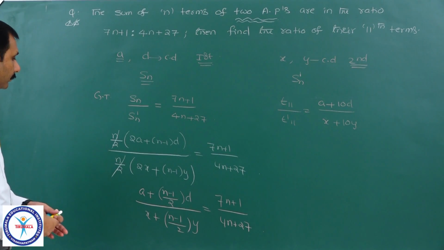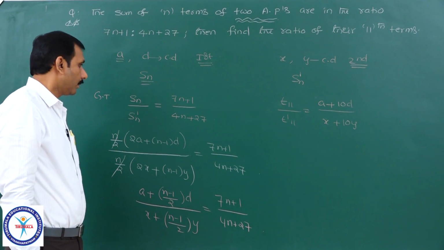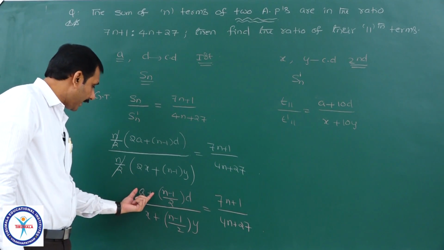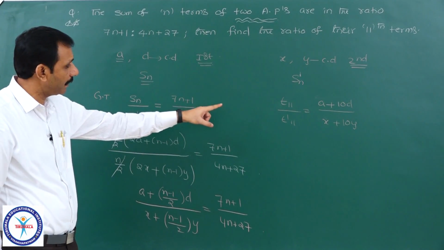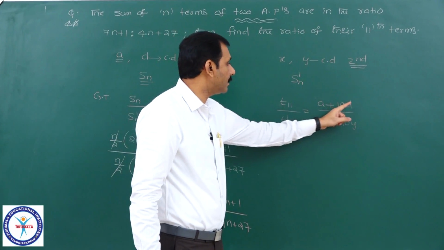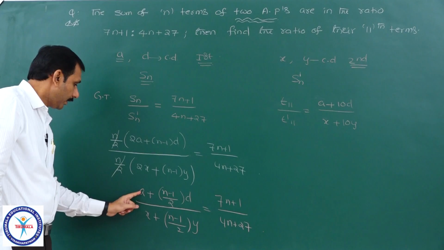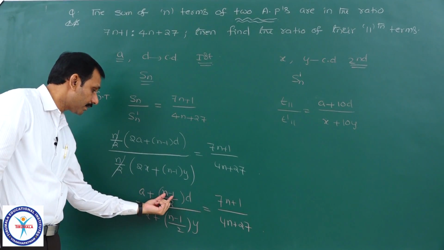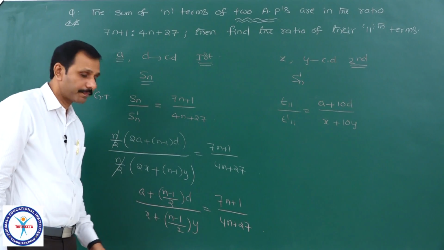Now, observe this. To write this in terms of T11 and T prime 11, it should be (A plus 10D) by (x plus 10y). Here it is A plus some number into d by x plus the same number into y.